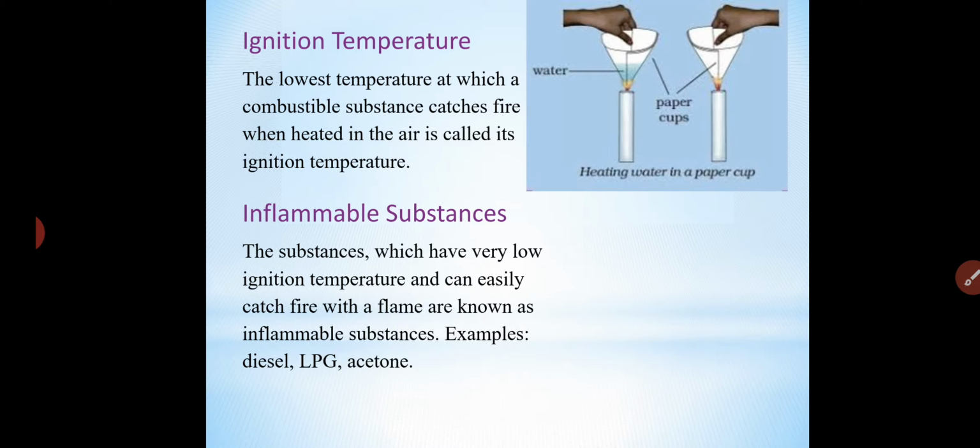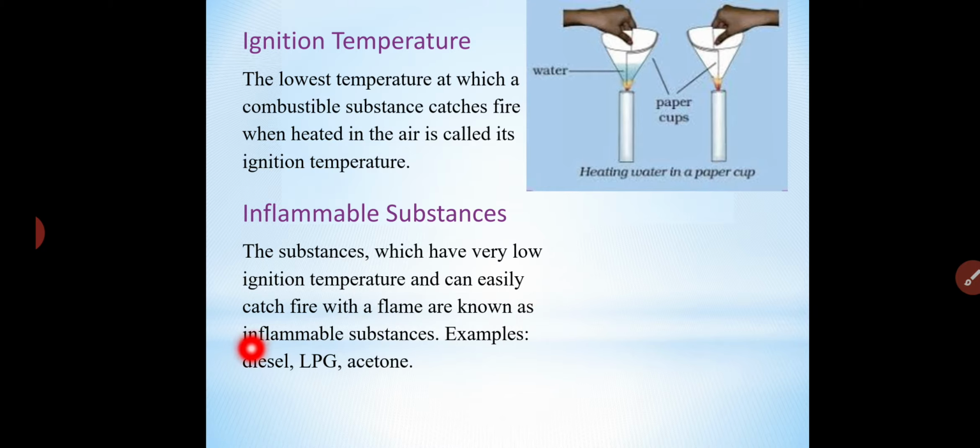Now, inflammable substances. What are inflammable substances? The substances which have a very low ignition temperature and can easily catch fire with a flame are known as inflammable substances. Sometimes even if we keep the substance very far away, it will catch fire very easily.